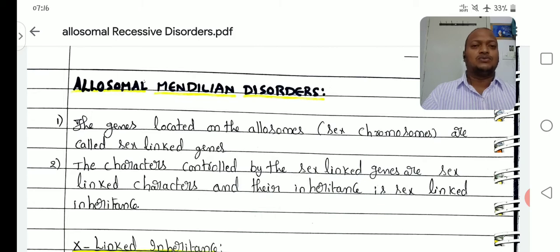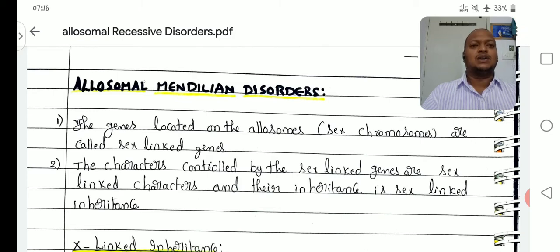So what are allosomes? Two different types of chromosomes are present in our body, autosomes and allosomes. The genes located on the allosomes or sex chromosomes are called sex-linked genes.